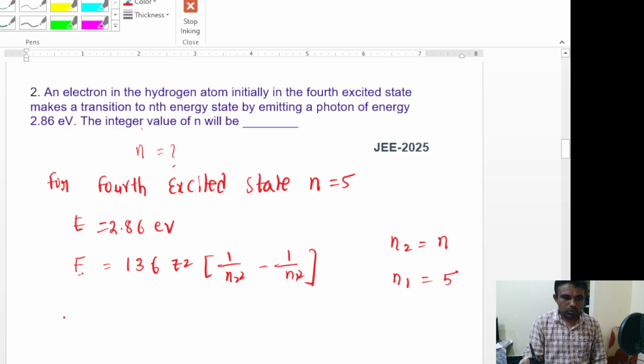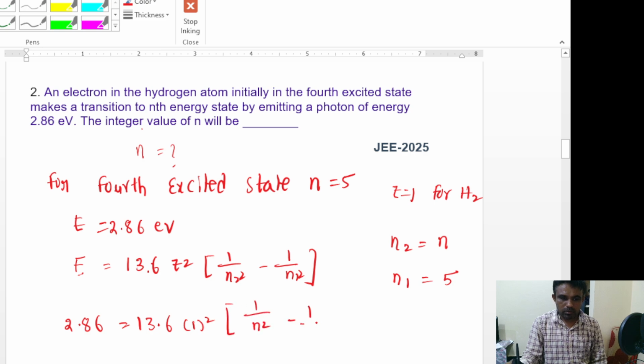So substitute the E value: 2.86 is equal to 13.6 into Z value. For hydrogen, Z is equal to 1. 1 square into 1 by n square minus 1 by 5 square.